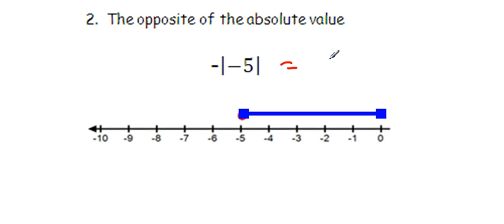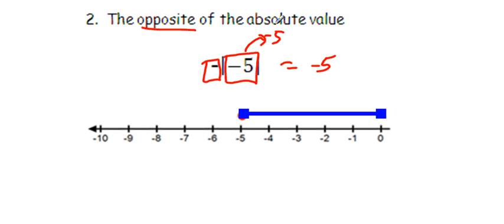But that's not what we want. We want the opposite. And that's what this negative sign means. So the opposite of the absolute value of negative 5 is negative 5. So we solve, like order of operations, inside the absolute value signs, and that gives us 5, and then we want the opposite of it, so that gives us our negative 5.